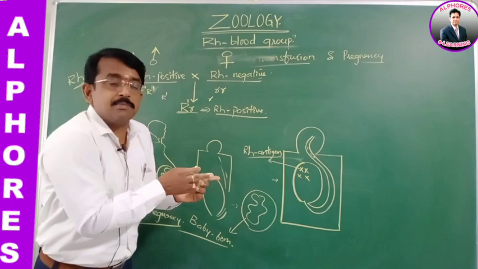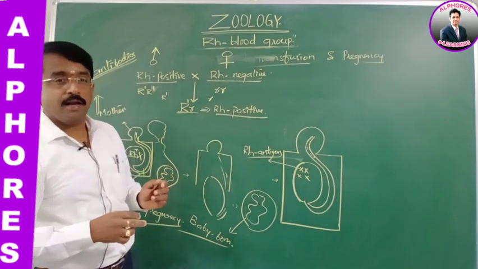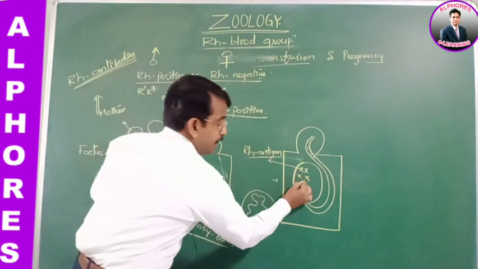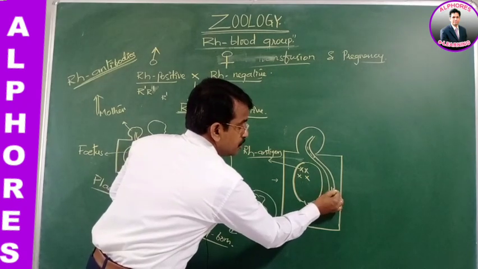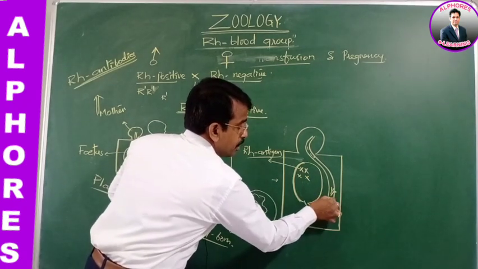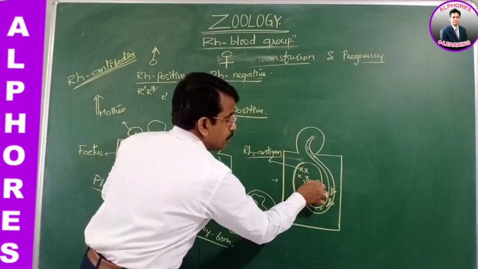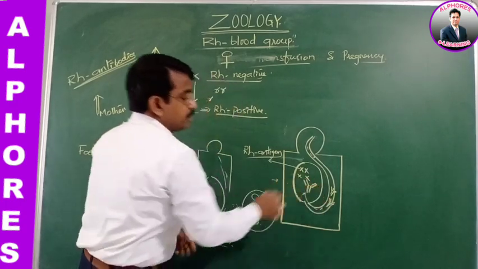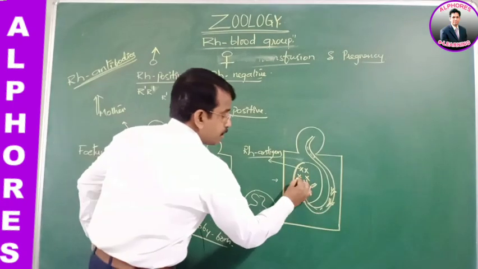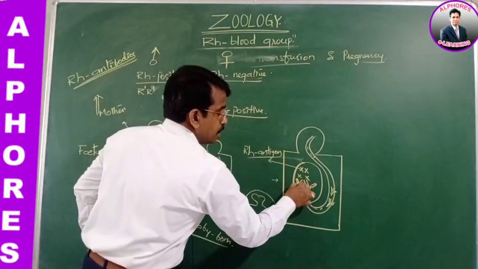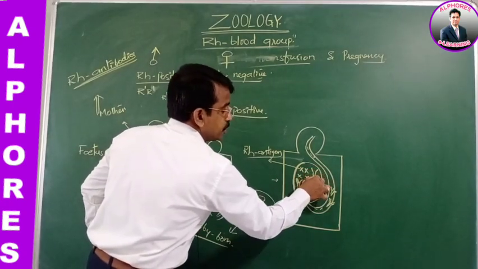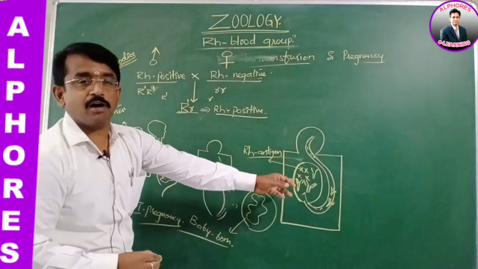Since these Rh antibodies are small, they also diffuse and reach the fetus. Look at here. The diagram that I am drawing indicates the Rh antigen and Rh antibody.